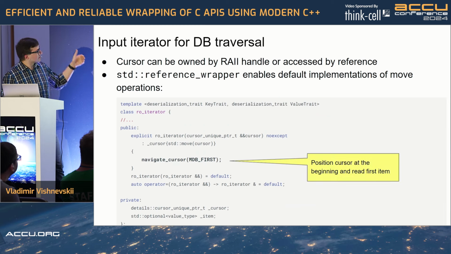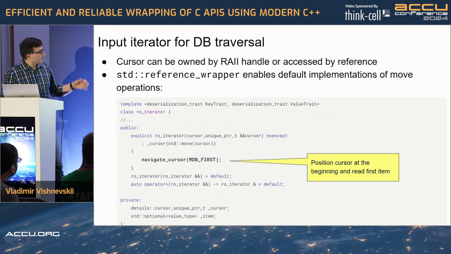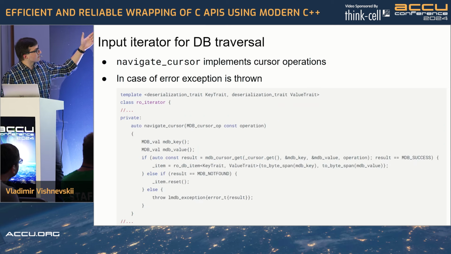In my case, there will be a function that calls the C API, called navigate cursor. This can also be some read function or something like this. The iterator contains everything to perform this read operation. In the case of LMDB, the navigate cursor operation is just MDB cursor get.